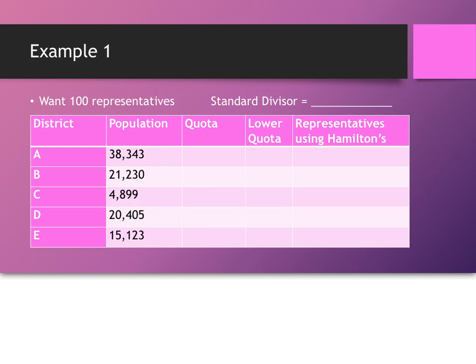So we know that the total population is 100,000. Let me write that down. 100,000. And since we want 100 representatives, take 100,000, divide it by 100, and we get our standard divisor to be 1,000.